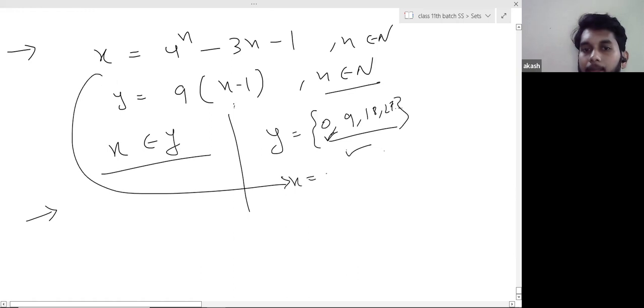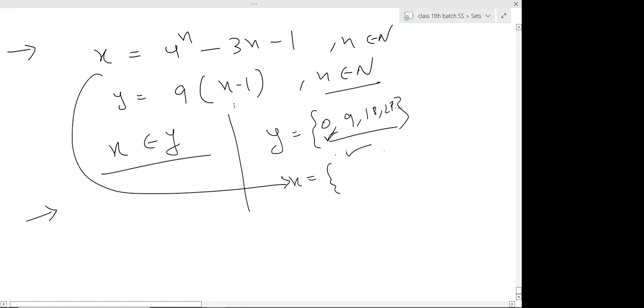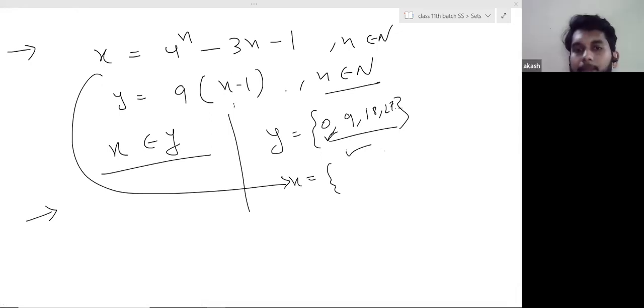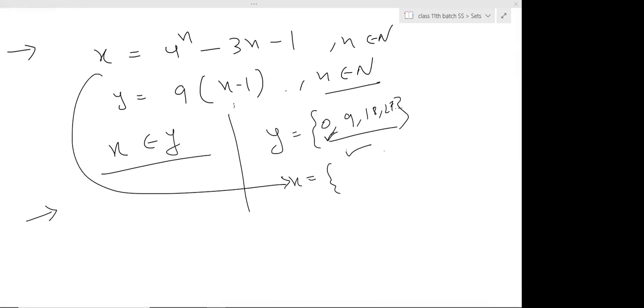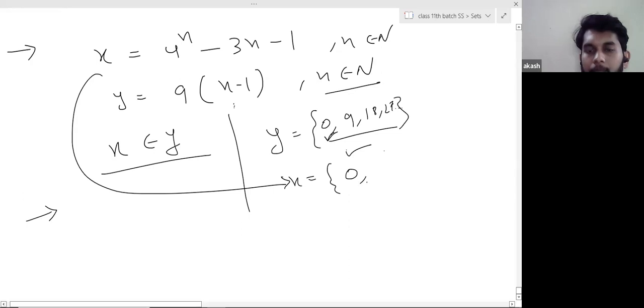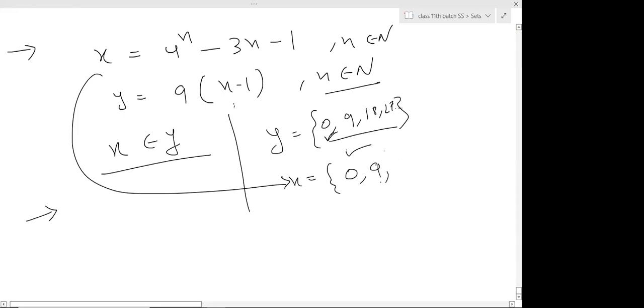Now can we write x? Yes. Let's try to write the elements here. 0, then 16 minus 6, which is 9, 18, 27.